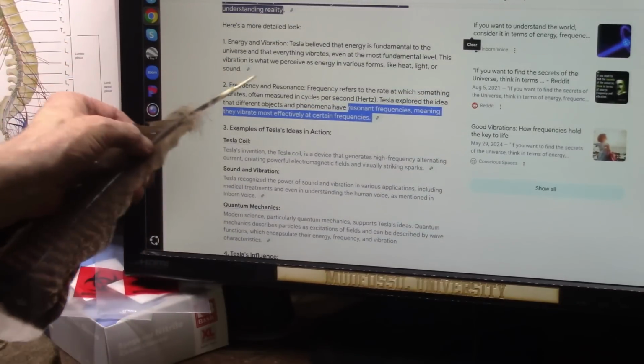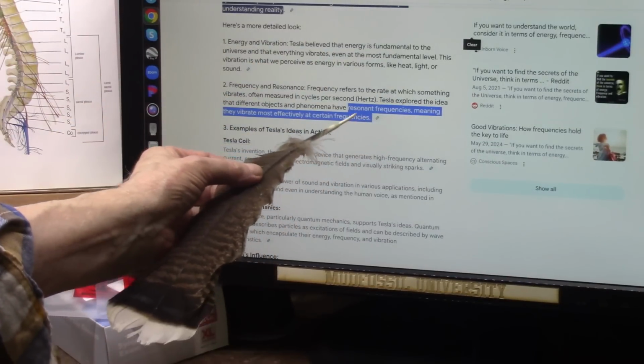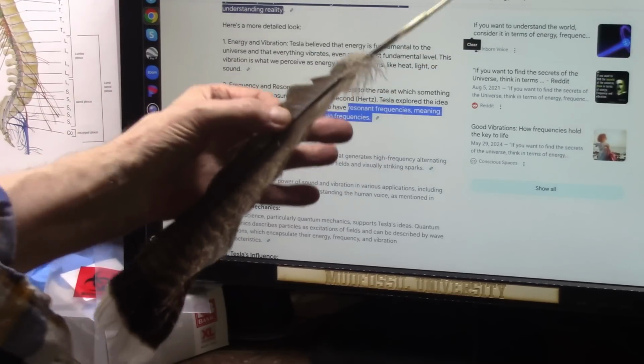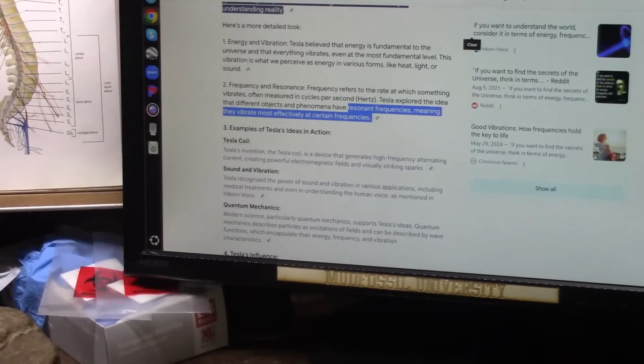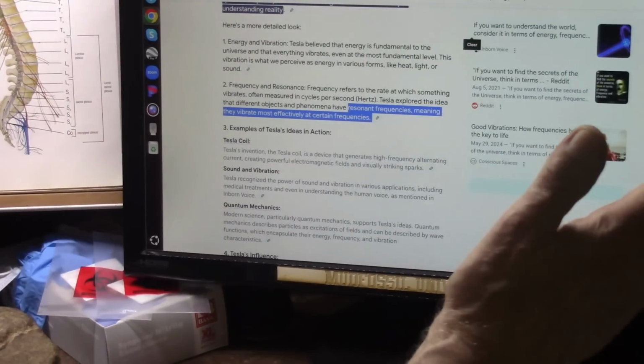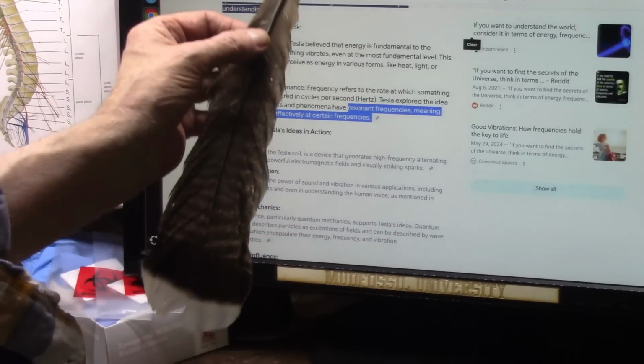Now, let's just look at the one thing he has to say that we're going to look deeply into. We're talking about hertz, which is cycles per second. How many cycles? So a cycle is it pushes this way and pushes that way. That's a cycle. Now, resonant frequencies is what we're going to be looking into.